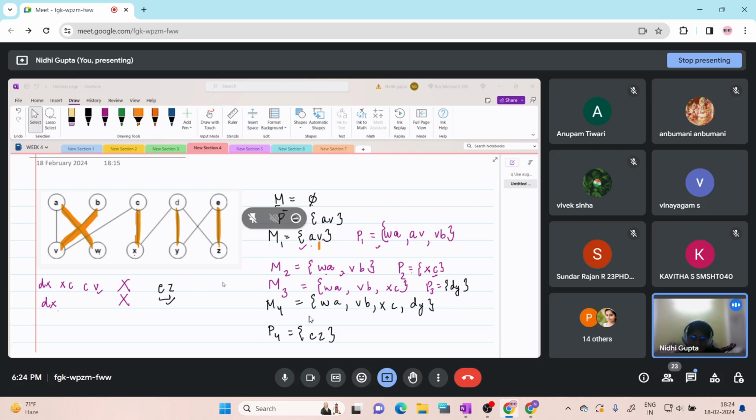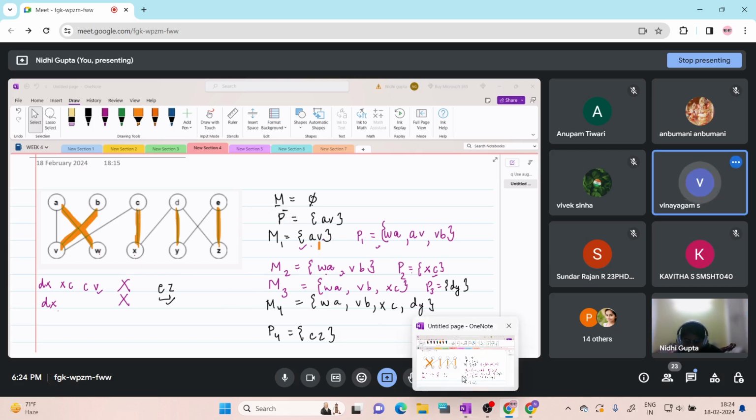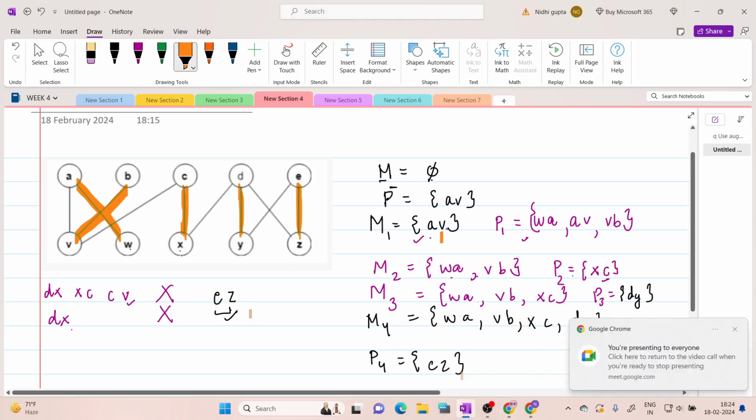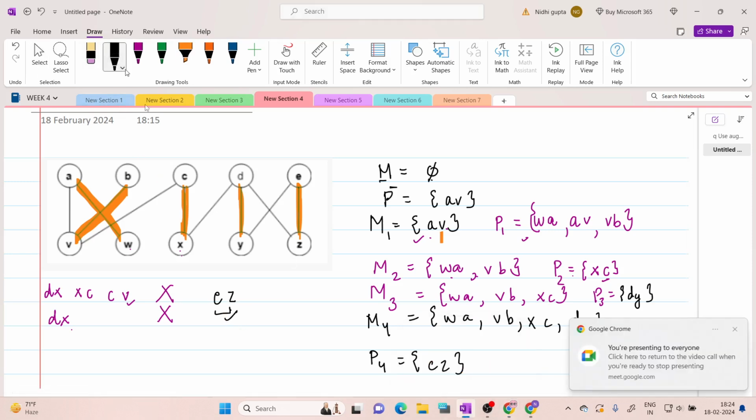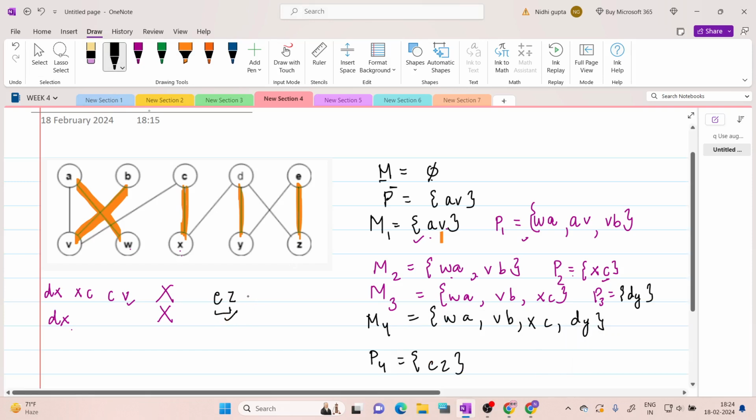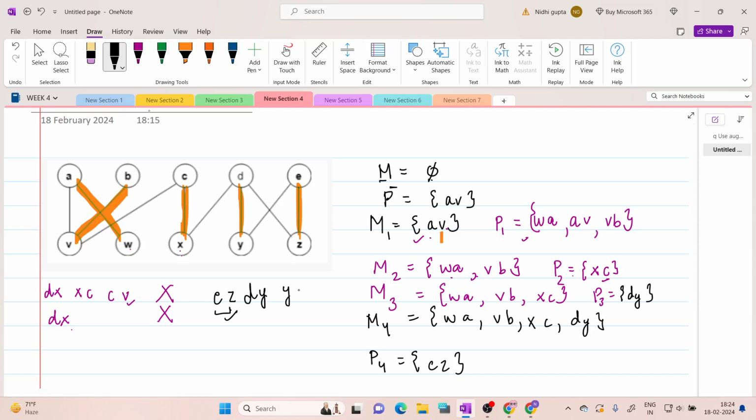So is this the algorithm, ma'am? Z and DY, it is an augmenting path for the set M4. So what is EZ? What is the next vertex, not what is the next edge? EZ, ZD, DY, YE. First of all it is not a path because it is starting and ending with E, and secondly EZ is an unmatched vertex.